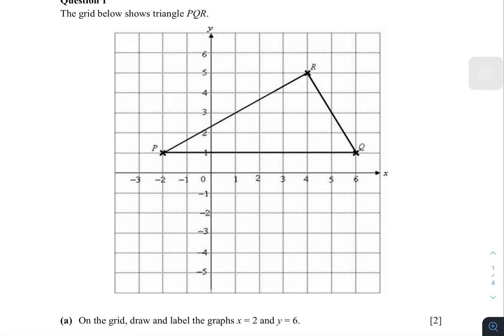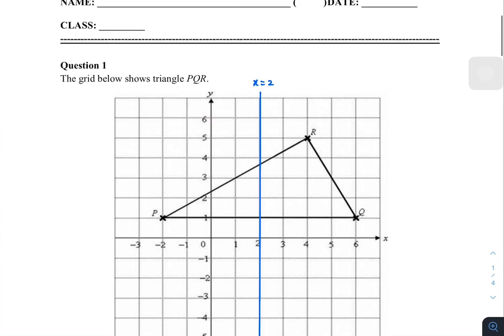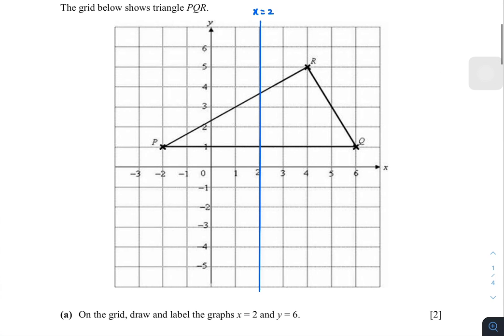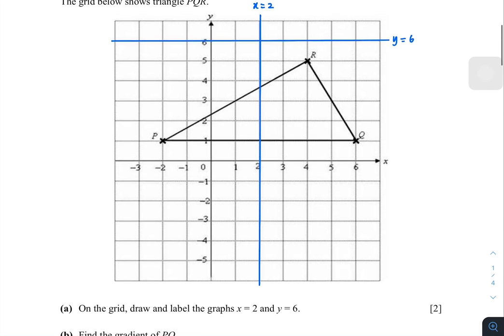So I draw the graph like this and label it x equals 2. Then y equals 6, so on the y-axis you look for 6. It will be better to draw the graph like this. The y equals 6 graph will be over here. Then label this y equals 6. So these are the two graphs.